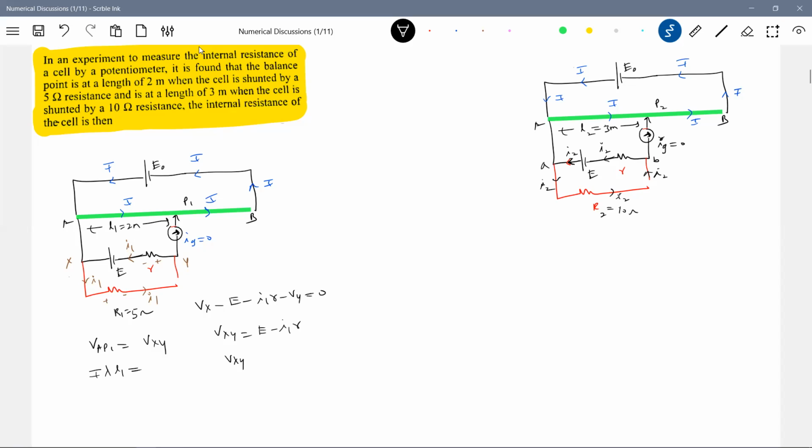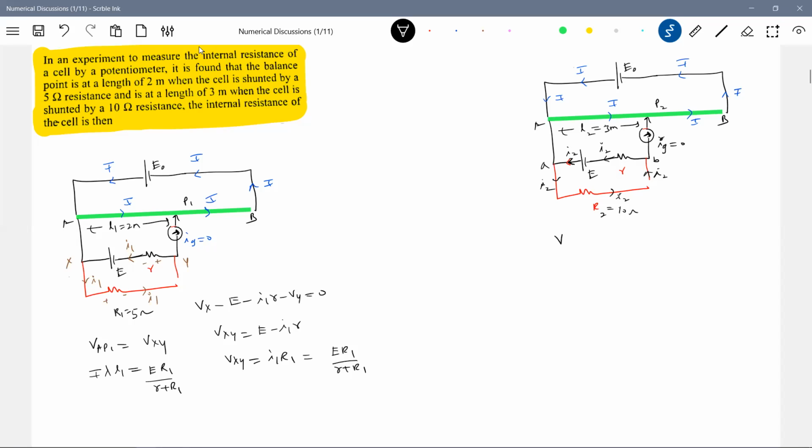Or this is also equal to I1 into R1. So what is I1 further? You can write it as E by R plus R1. So this you are going to write it here.